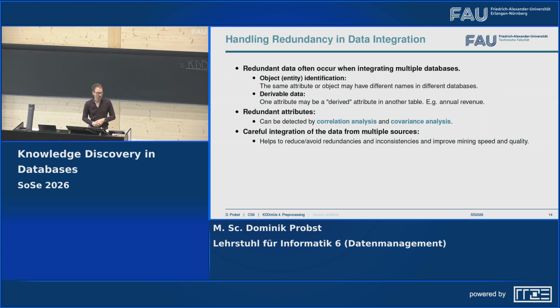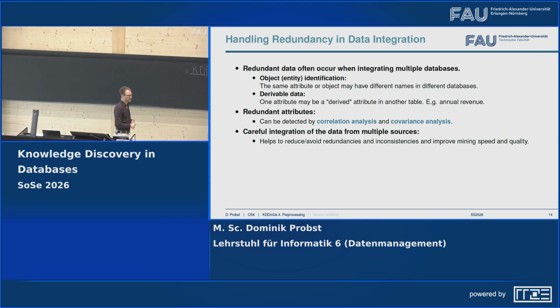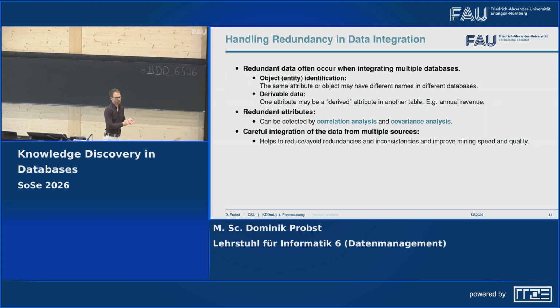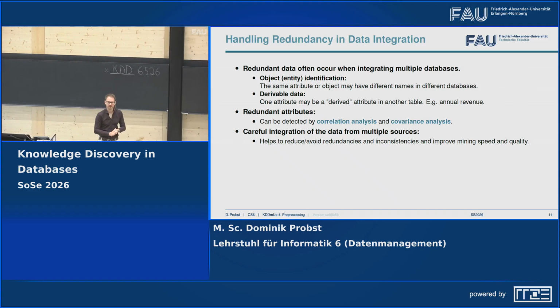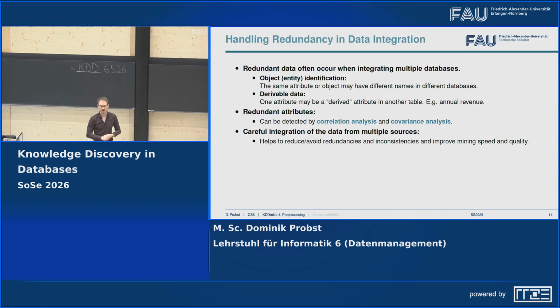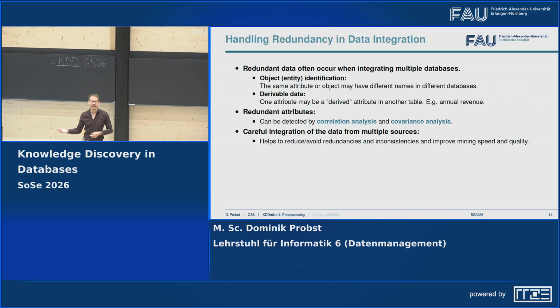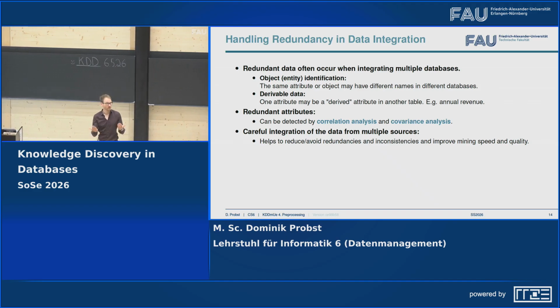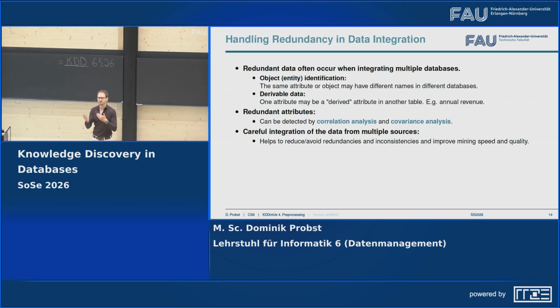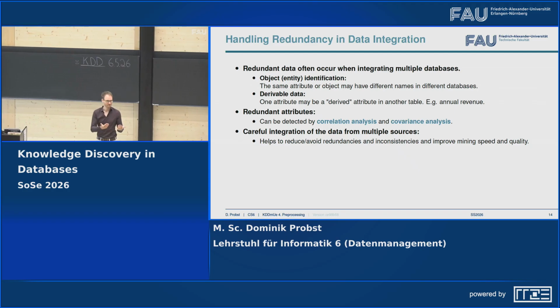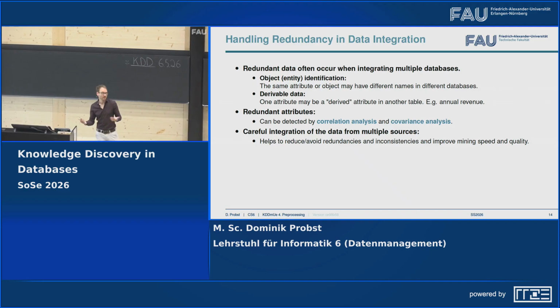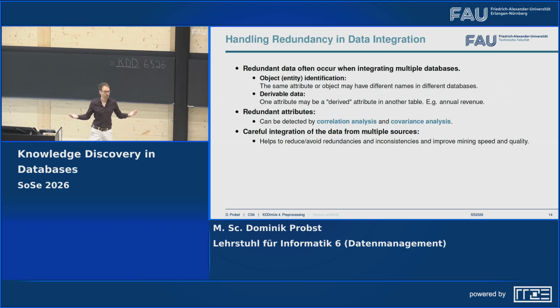And, of course, redundancy can also be derivable data. So, for example, if one table contains your birth date and one other table contains your age, both are derivable from each other. Or at least one is derivable from the other. Why do we need the age if we have a birth date? We can simply compute that.